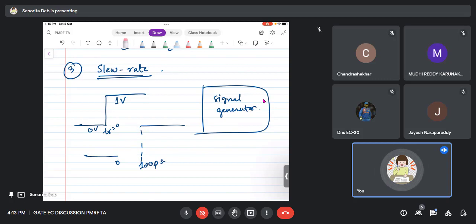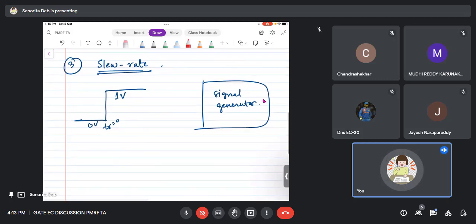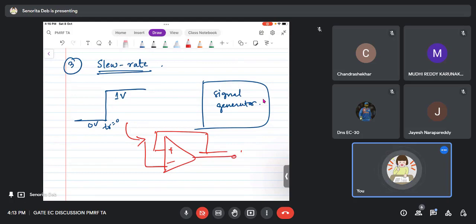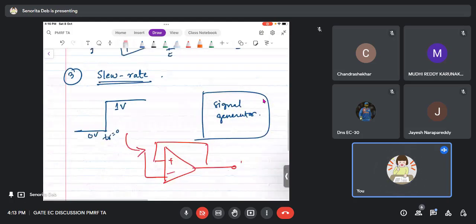So what will the op-amp do? If this input goes into the terminal of the op-amp, the output will change accordingly. Say I have connected it in a unity buffer fashion. Just check the circuit right now.